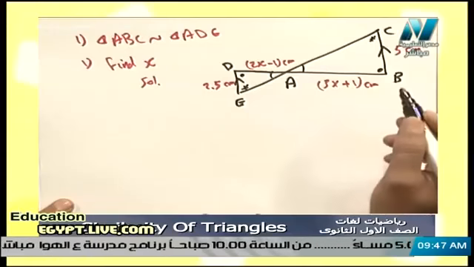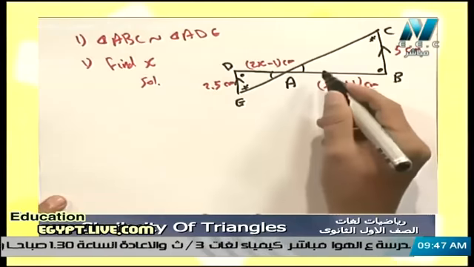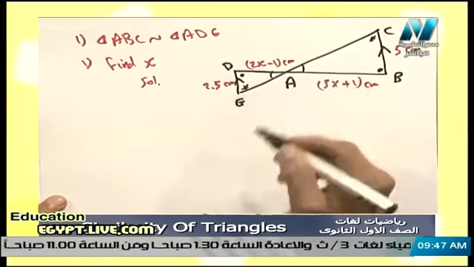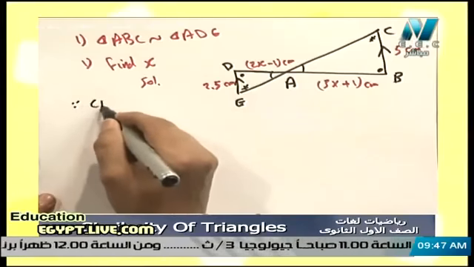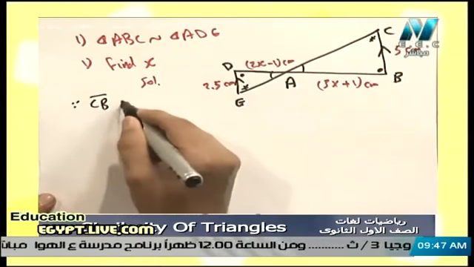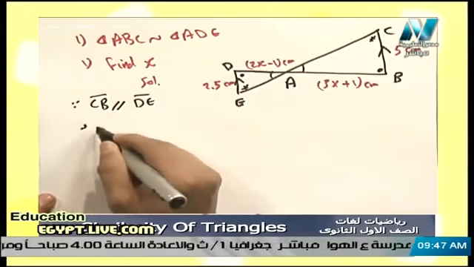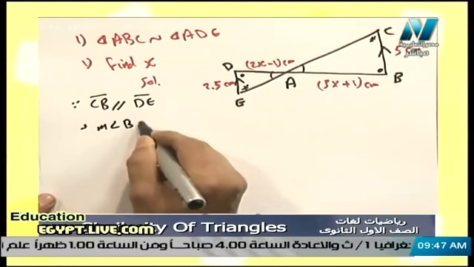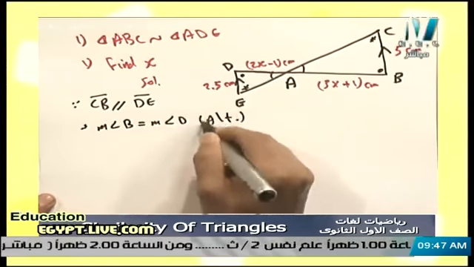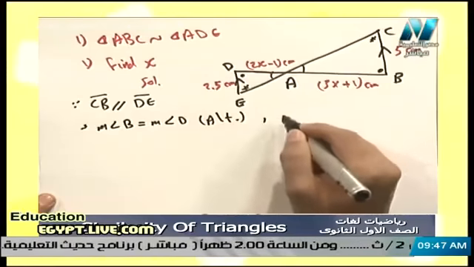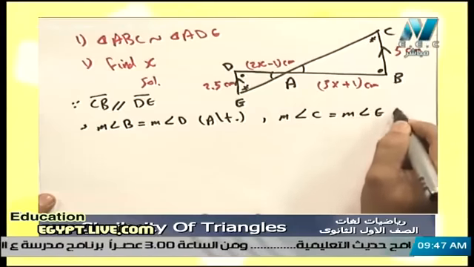So these two triangles are similar. It's enough to say about two angles only. So we can say, since CB parallel to DE, therefore measure angle B equals measure angle D, alternate, and also measure angle C equals measure angle E, alternate also.